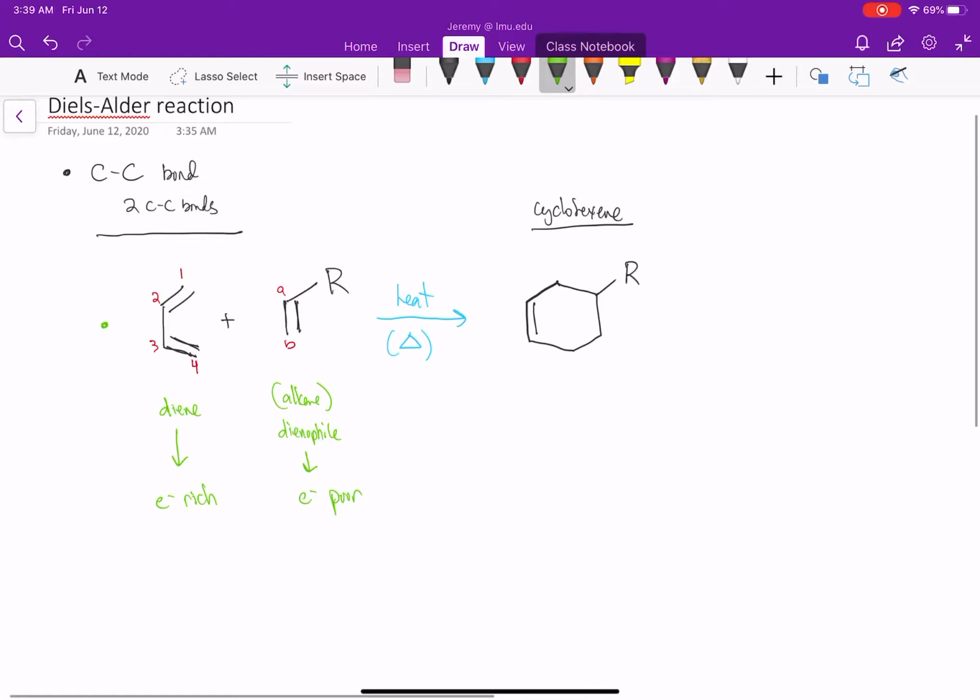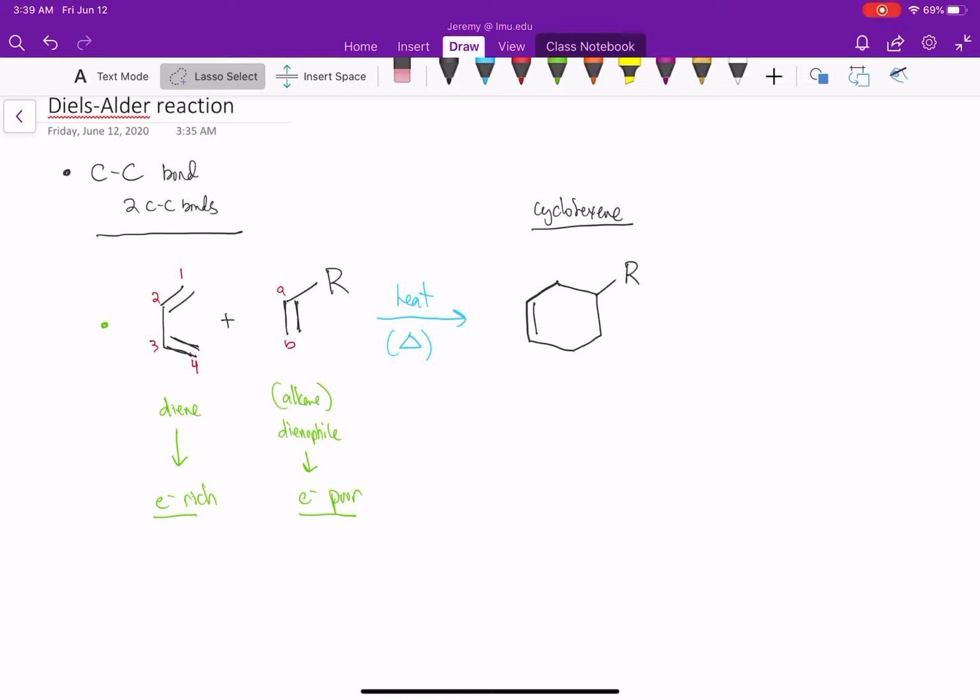One has to be electron rich and one has to be electron poor. You can have inverse demand where your diene is electron poor and your dienophile is electron rich. But generally speaking, your diene will be electron rich and your dienophile will be electron poor. I will be giving you Diels-Alder reactions that work, so that's not something we have to worry about as much.